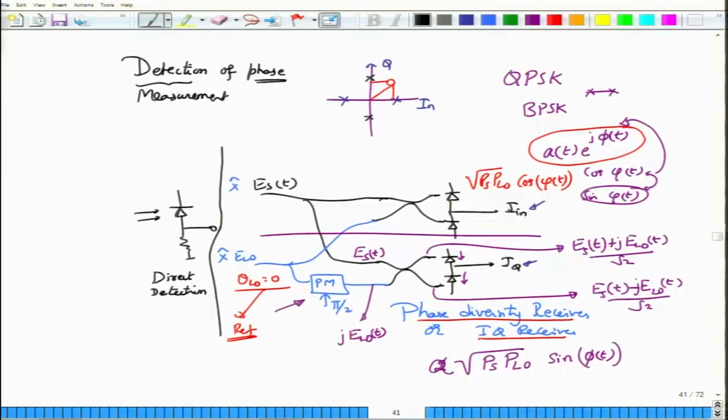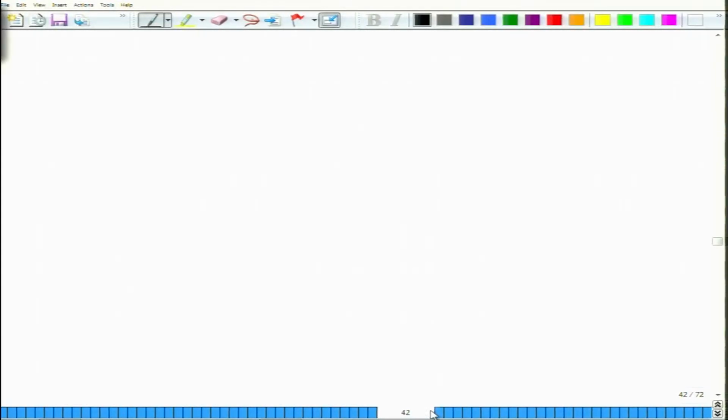Now why is this considered to be quite an achievement over the last 15 years? Simply because earlier, if you had to recover the phase, you would let the incoming signal go to a photodetector, and have a VCO or a local oscillator here. The photodetector output would drive the local oscillator.